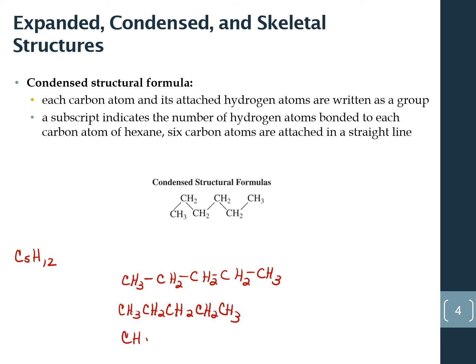Or we can have also something that is like a simplification, but you still get to see what it's bonded to what. Since all 3 of these ones are the same, you might see this represented like that. So you have a CH3 at the beginning, a CH3 at the end, and everything that is between your carbons at the beginning and the end will be a CH2.